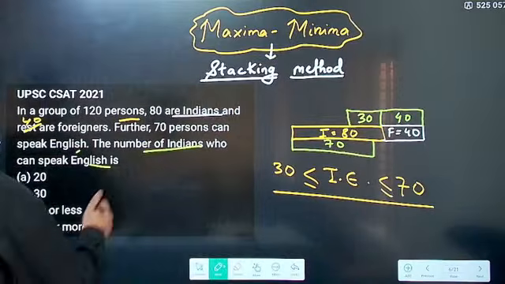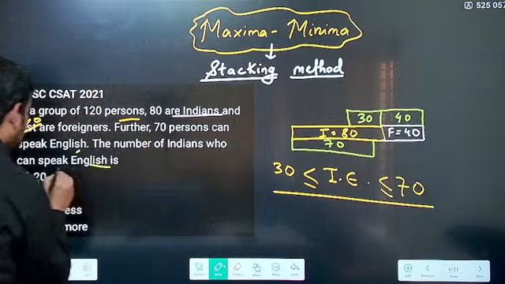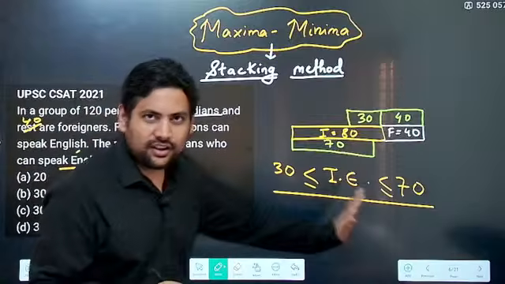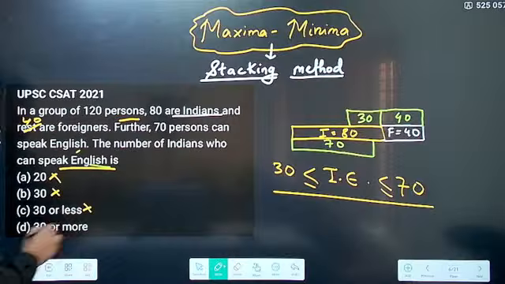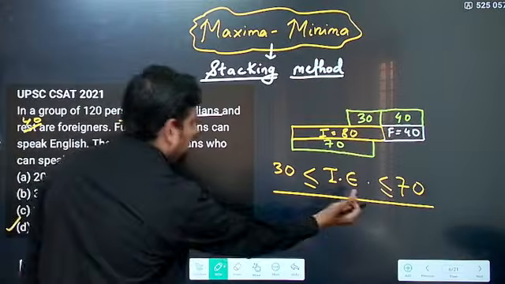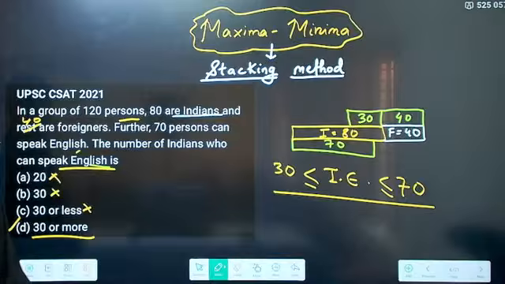Now it is asking you the number of Indians who can speak English. Very clearly, what is this? 20? No. 30? No. 30 or less? No. 30 or more. 30 or more Indians can speak English.